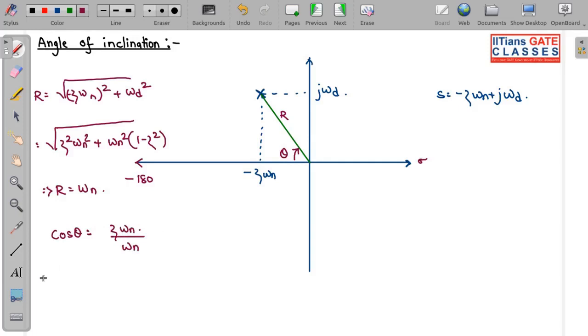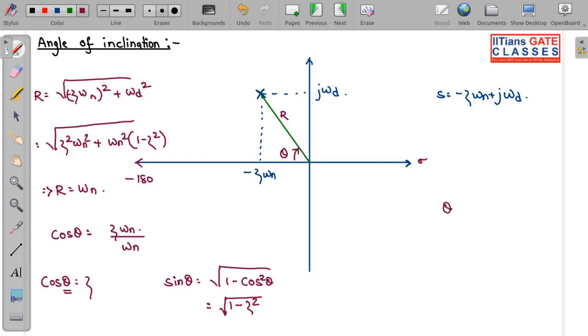So cos theta comes out to be zeta, and this is known as your angle of inclination. Similarly we can write sin theta. Sin theta is the square root of 1 minus cos square theta, so that will be square root of 1 minus zeta square. You can even write tan theta also. Okay, so this concept is very important.